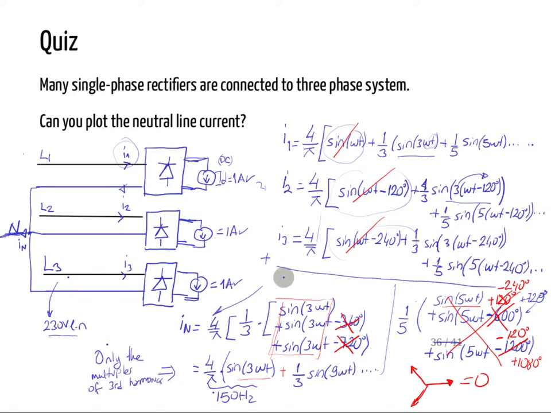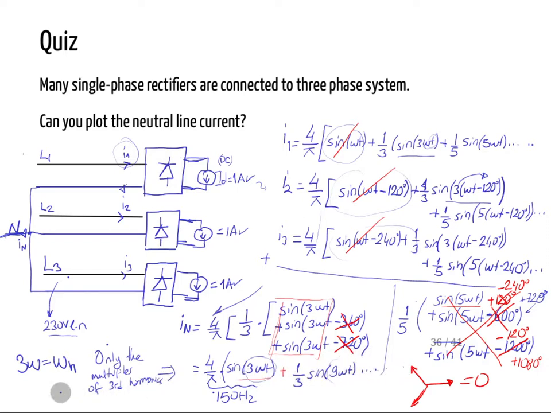If you now think of 3 omega as your new fundamental component, then this becomes the third harmonic, and the other one will become the fifth harmonic, and so on.